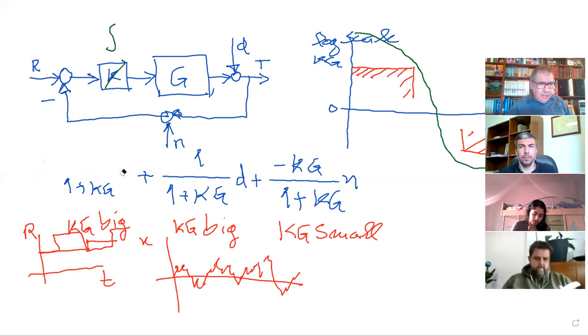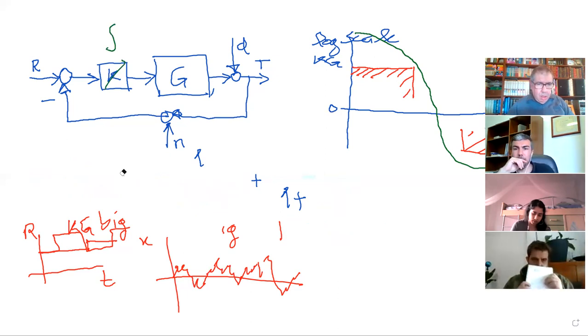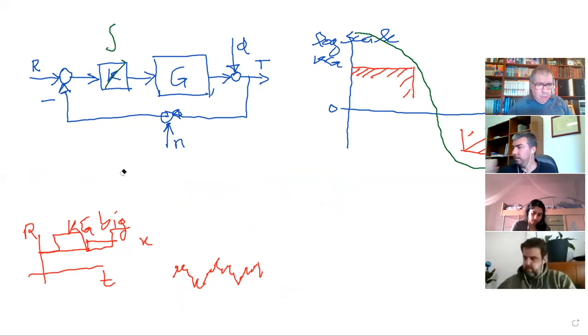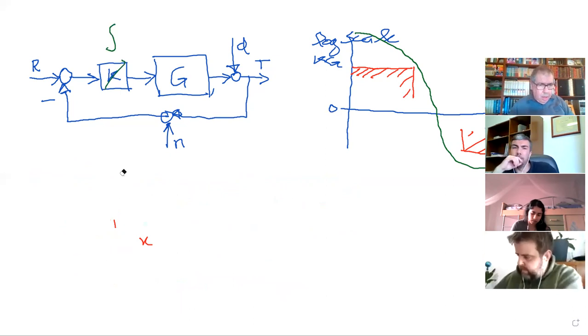So let's clean everything here. And so let's think about an integrator.